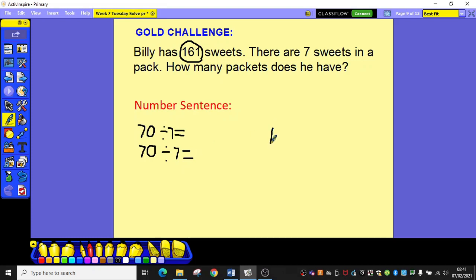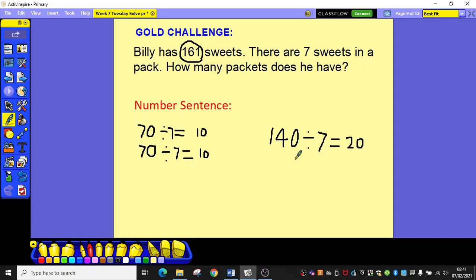Perhaps some of you would have preferred just to have written 140 divided by 7 rather than 70 divided by 7 twice, and that's absolutely fine. But again, for some of us partitioning a number for the first time to divide by 7, it's good to see why we do 70 divided by 7, because it's 10, and another 70 divided by 7 is 10, hence this would be 20.